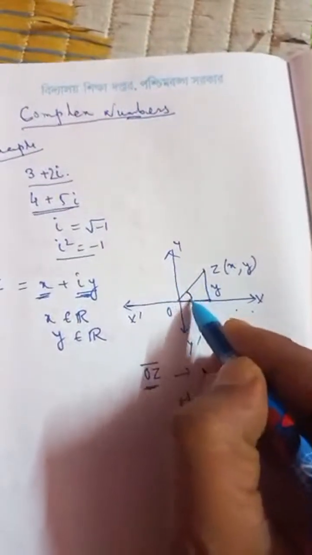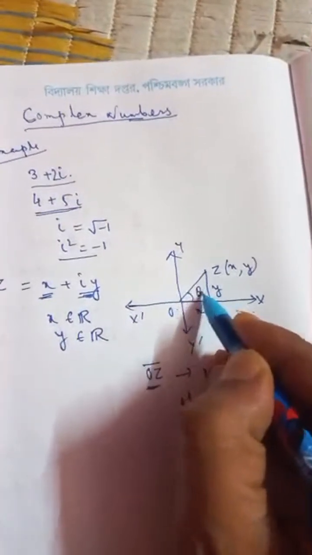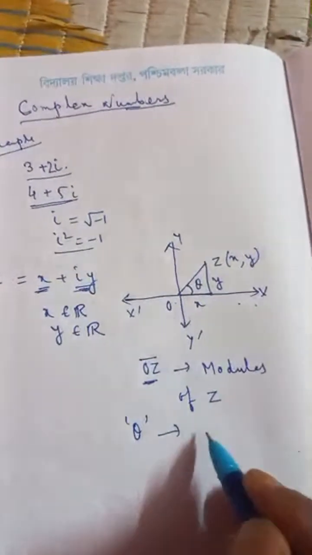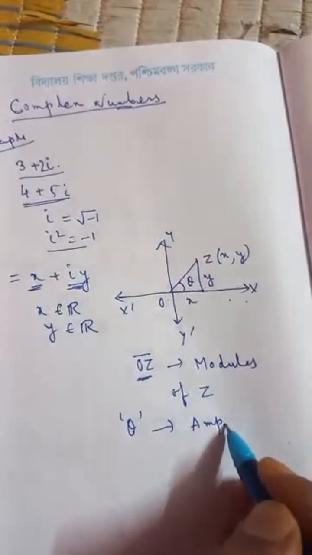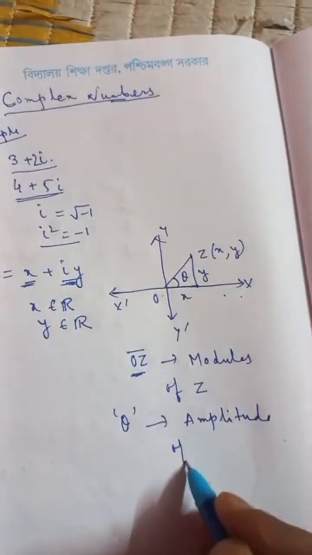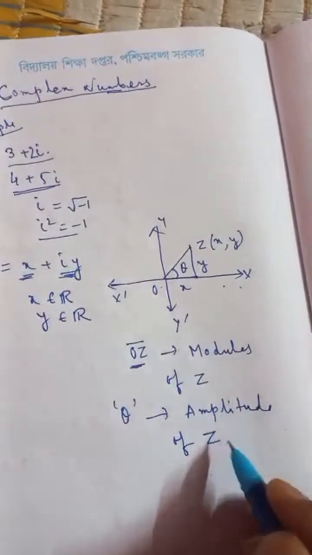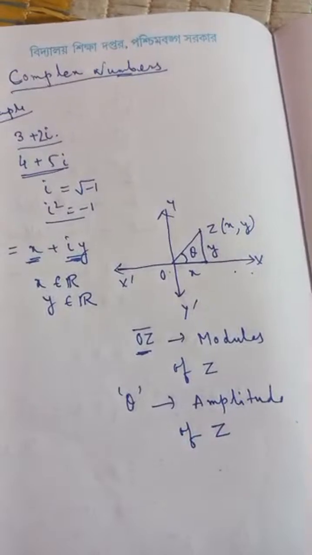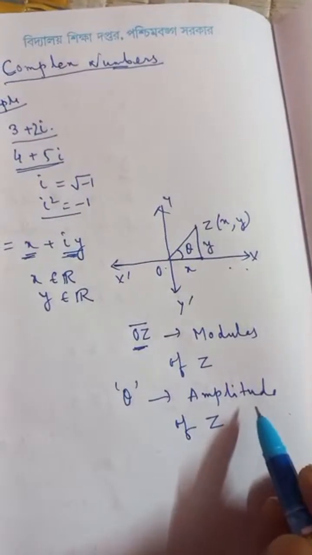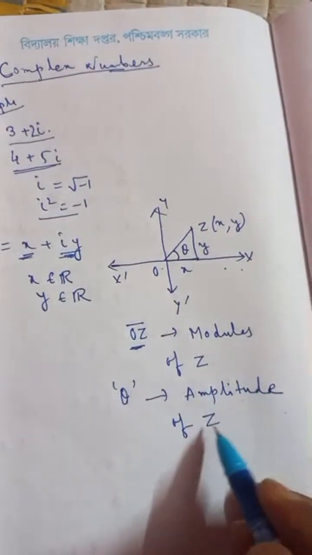The angle formed by this line OZ with the x-axis, if this is angle theta, then angle theta is called the amplitude or argument of the complex number z.